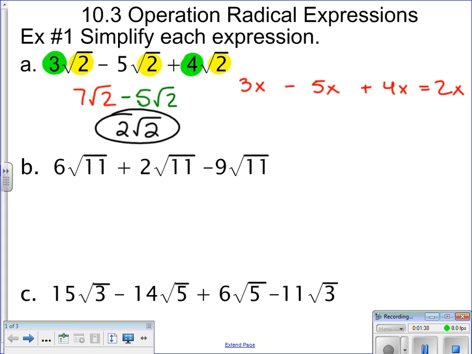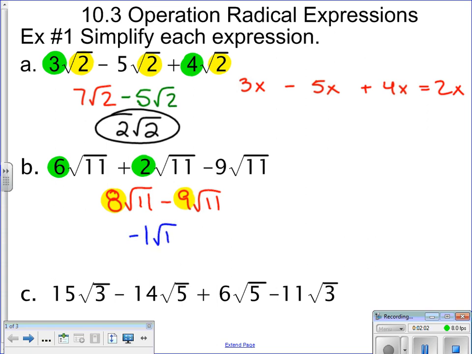So here with B, 6 plus 2 makes 8. 8 minus 9. Now I'm doing this slowly, doing each one at a time. 8 minus 9 is negative 1.